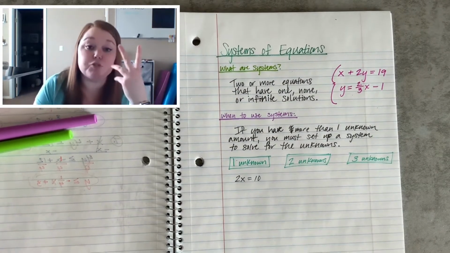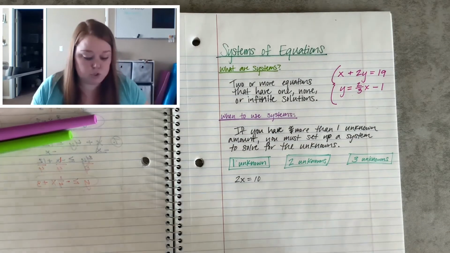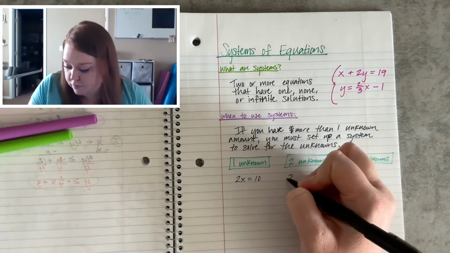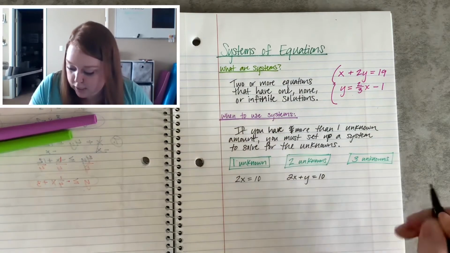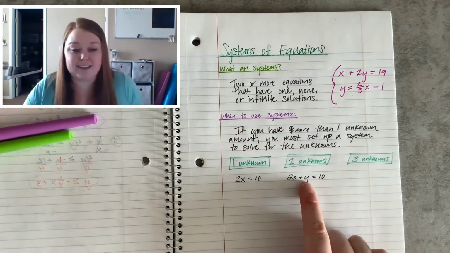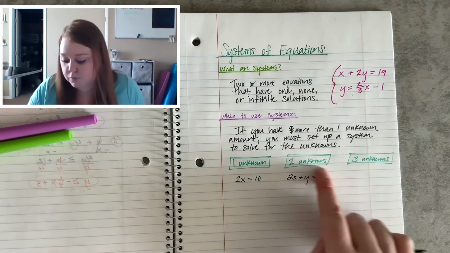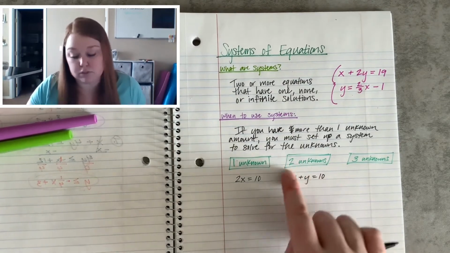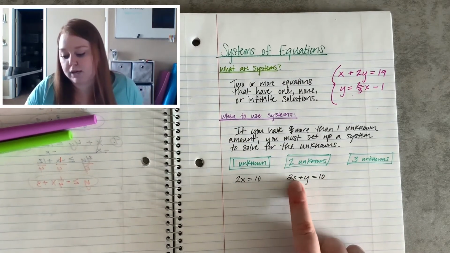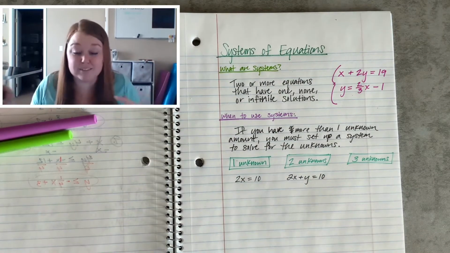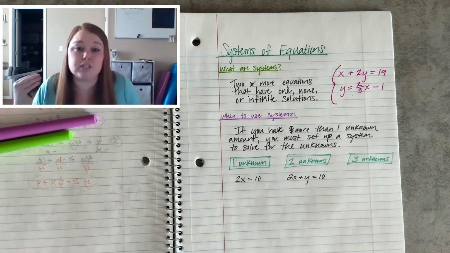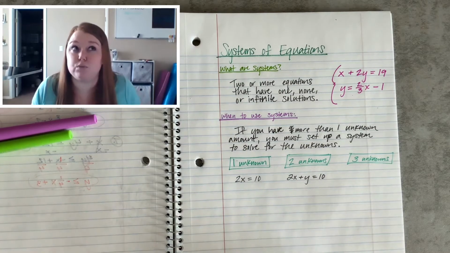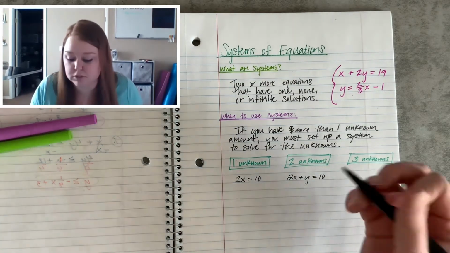Now let's say you have 2 unknowns. So maybe we have 2x plus y equals 10. Now you have an x and a y. This looks familiar. Recently, we've done standard form, but x and y could be many different things, except if I have another equation that relates x and y, then x and y are very specific amounts.